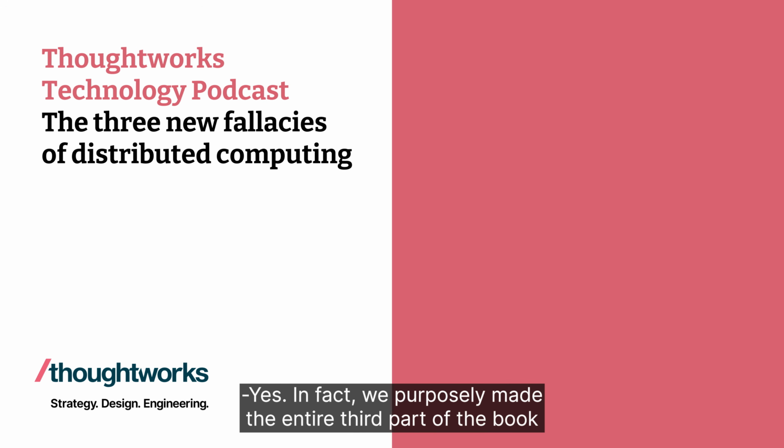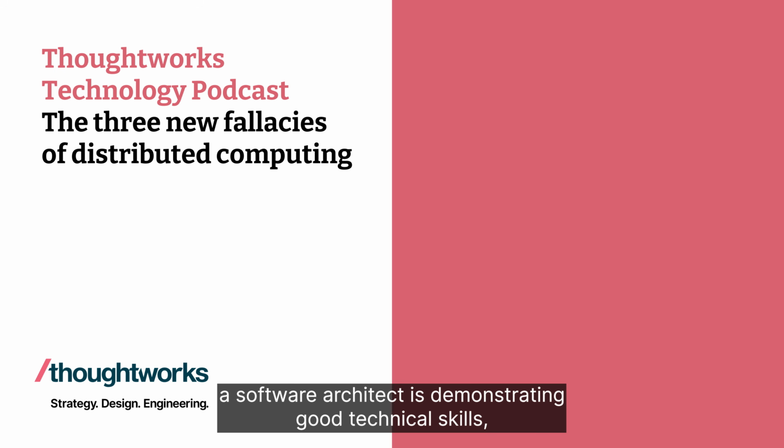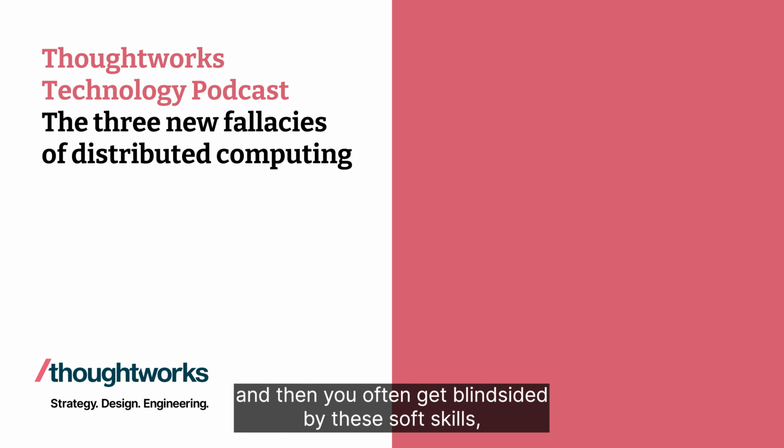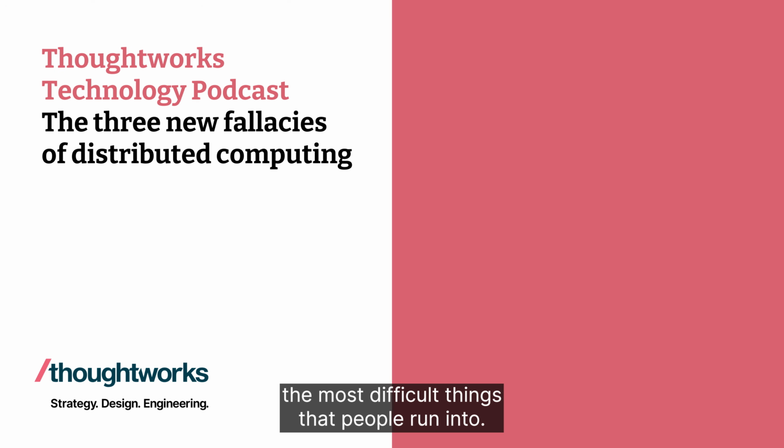Yeah, and in fact, we purposely made the entire third part of the book about those soft skills because the way you become a software architect is demonstrating good technical skills, and then you often get blindsided by these soft skills, which we always put in air quotes because they're often the most difficult things that people run into.